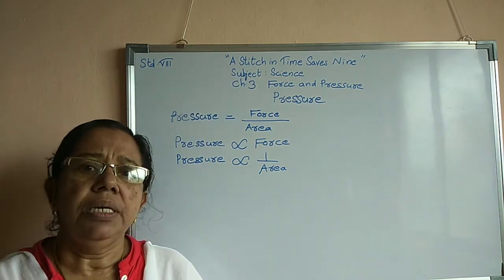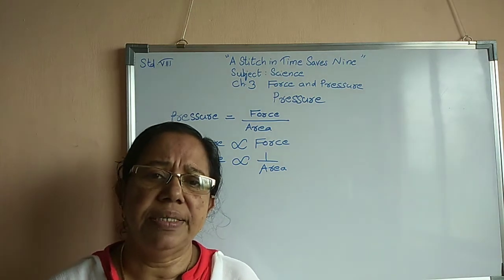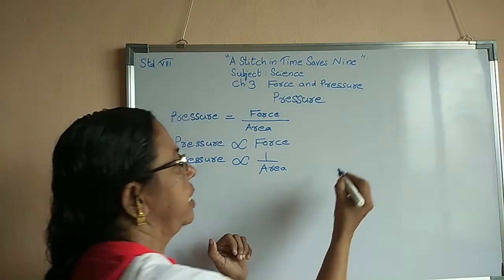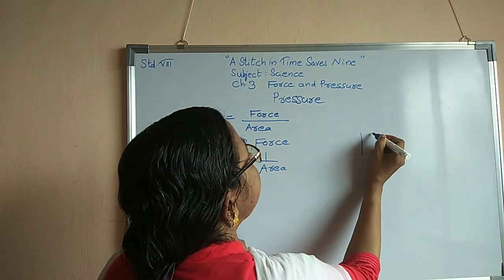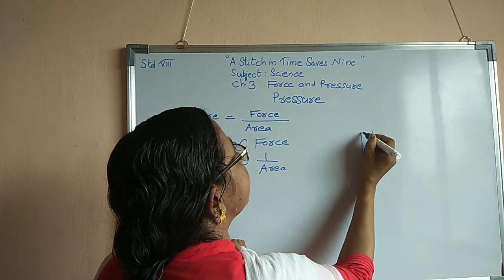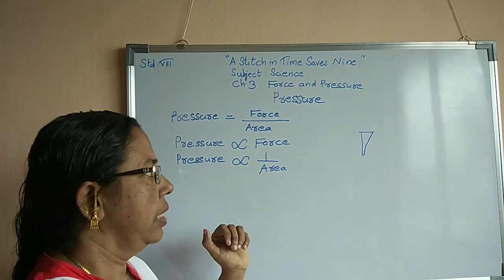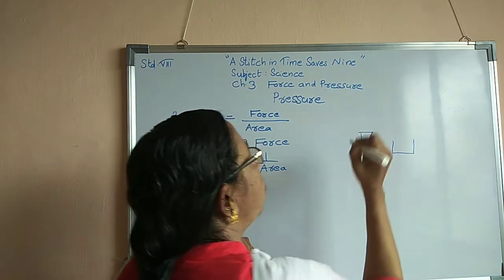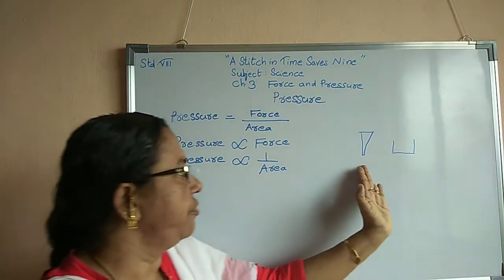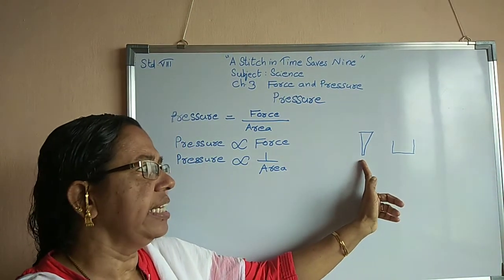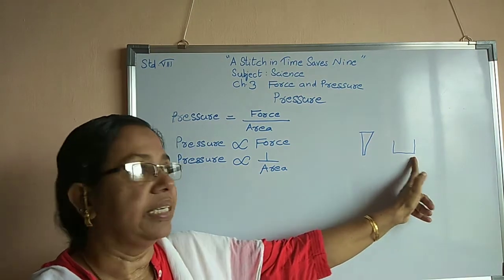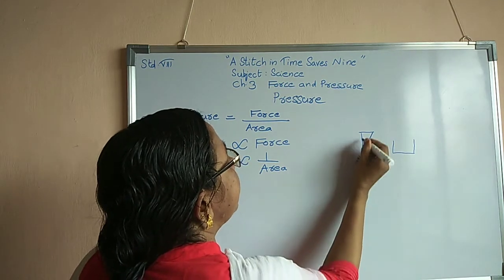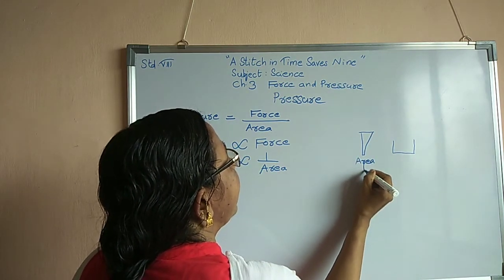Here, if a person is moving with high-heeled shoes, I am showing you, the heel is almost in a pointed condition. In the other, the heel is in the flat condition. Here you see the difference: here the heel is pointed, here the heel is flat. Here a very small area is there, so this heel has very less area.